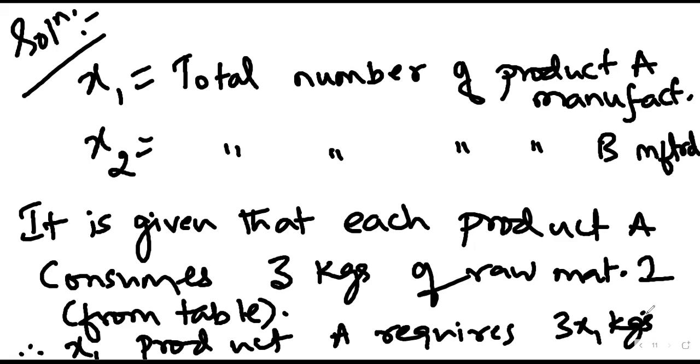So that is the reason 4x2 kgs of raw material is required for product B. Shall I go to the next screen? Yes, sir.